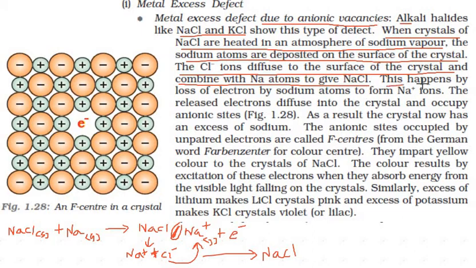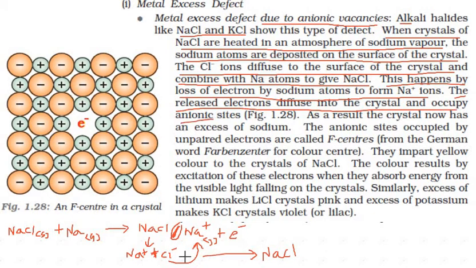And this happens by the loss of an electron by sodium atoms to form Na plus ions. Okay, so one electron is lost, and the electron released by this atom diffuses into the crystal and occupies the anionic site.